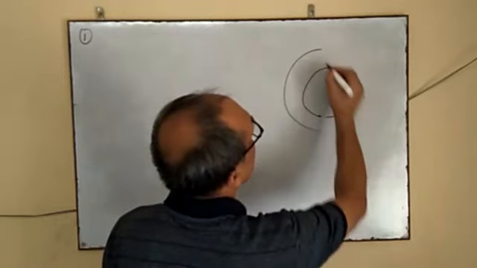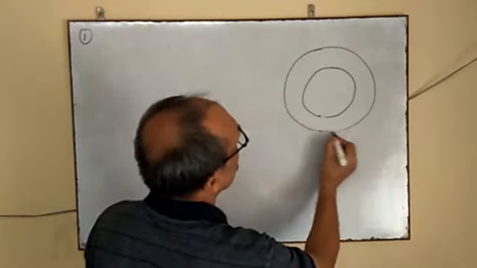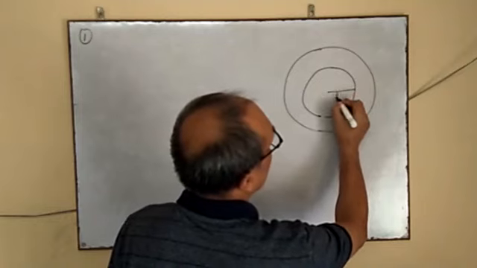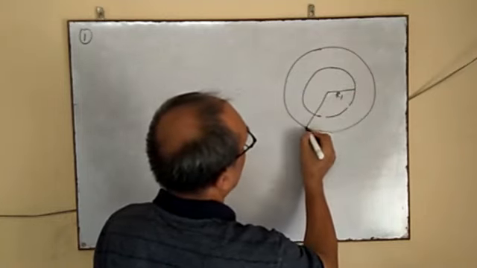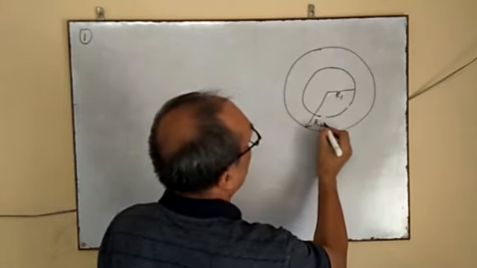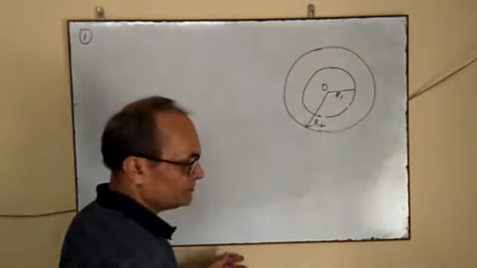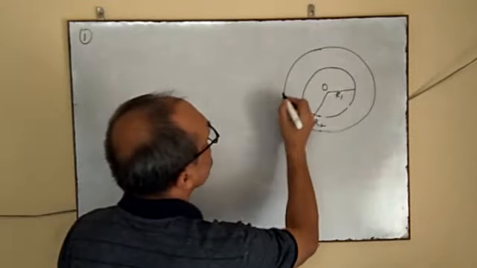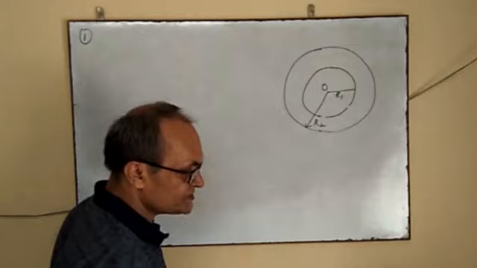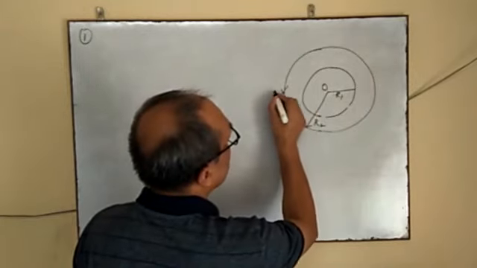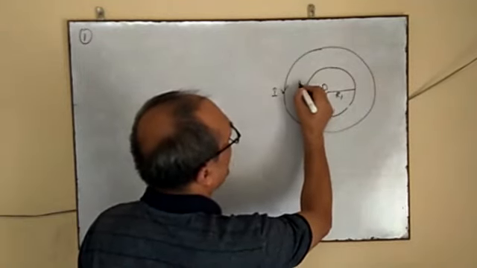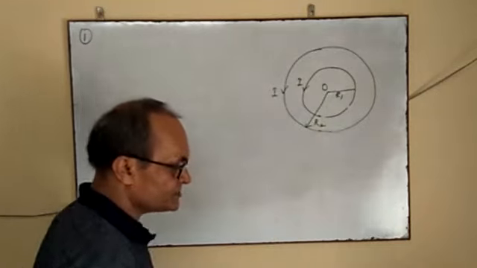Here we have the two loops. Inner one has its radius R1, outer has its radius R2, and its center is O. In both loops the value of current flowing is I, both have the same current.